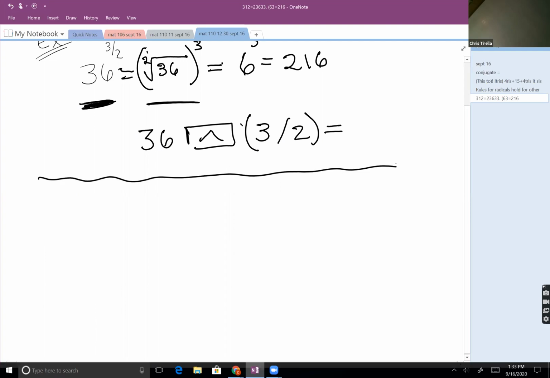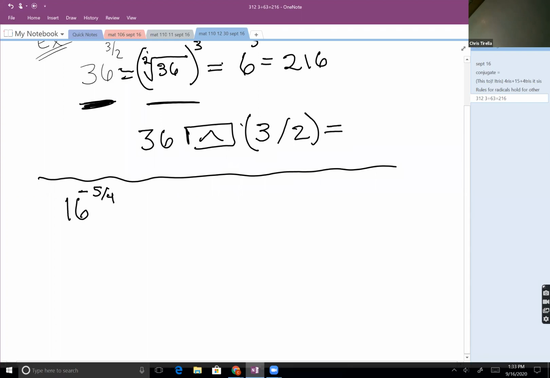Next one's more fun. What if I have 16 to the negative 5/4? What's different with this one?